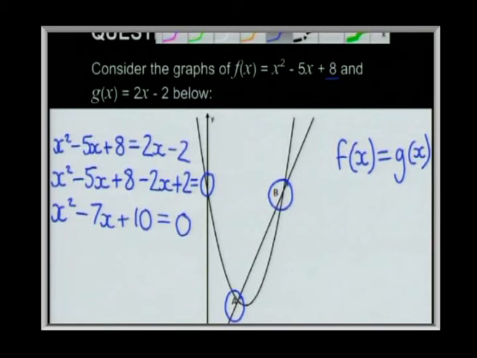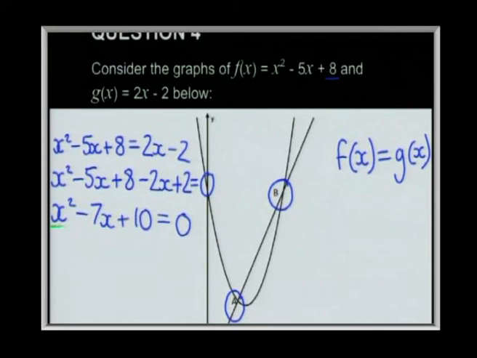Let's go back to the problem. I'm going to do my calculations in green off to the side over here. My factors are x squared and 10, so it's going to be x and x, because x times x is equal to x squared, and something times something that equals 10.